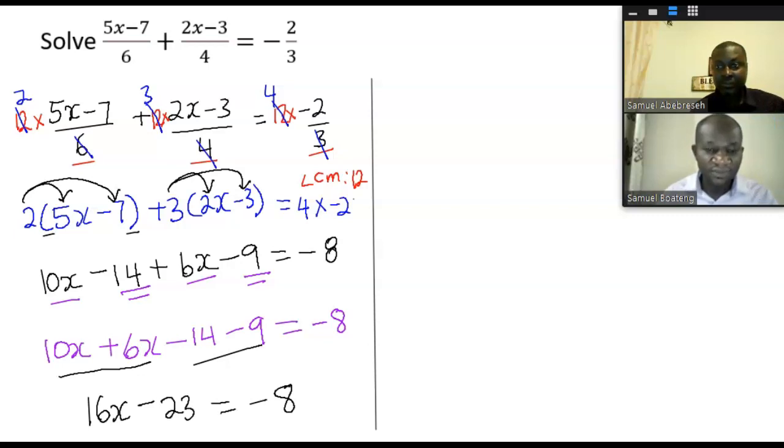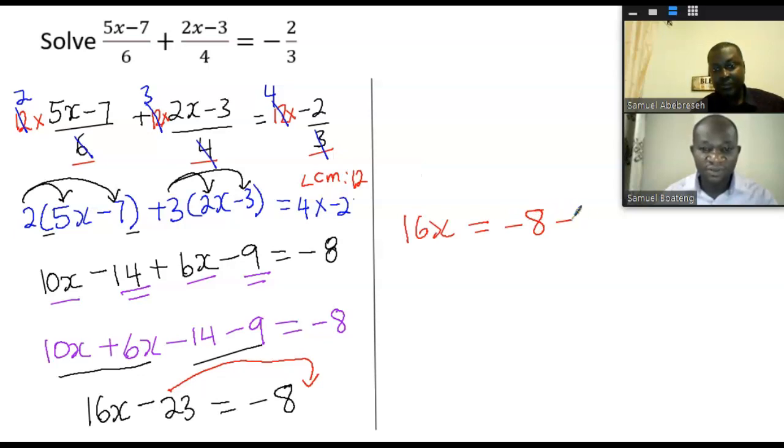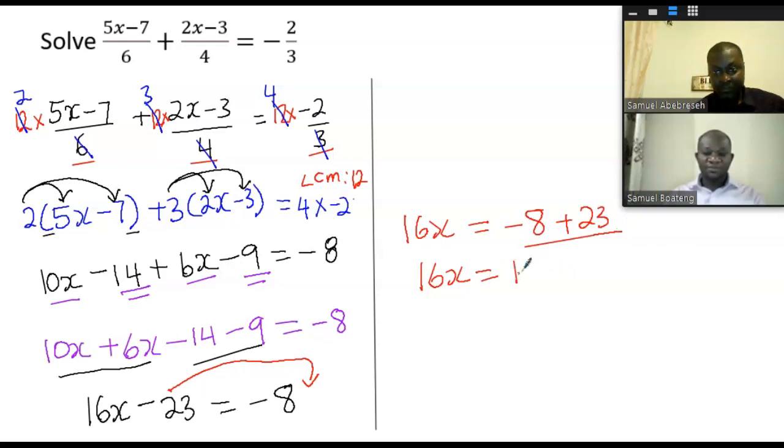So next, we have 16x. We take the minus 23 to the right-hand side. 16x equal to minus 8 plus 23, so 16x equal to 15.